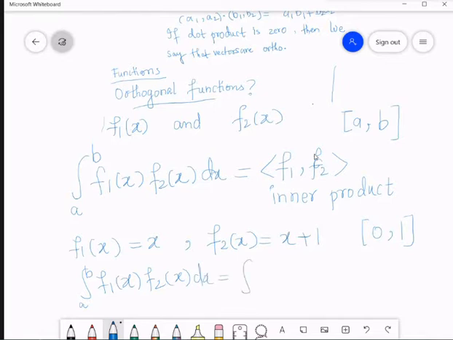Here both functions are defined on 0 to 1, so we integrate over that interval the product of both functions. So we get x square plus x dx, integrated from 0 to 1.